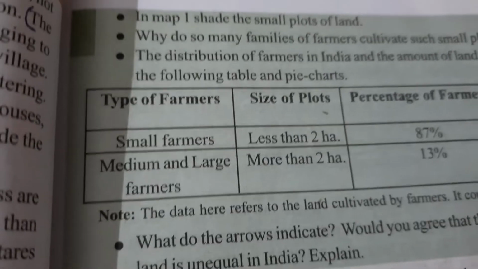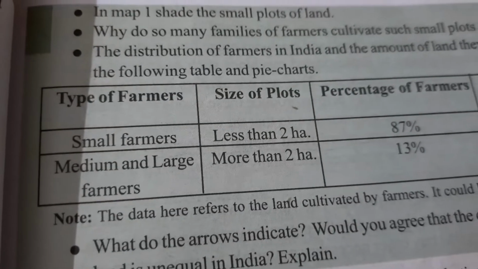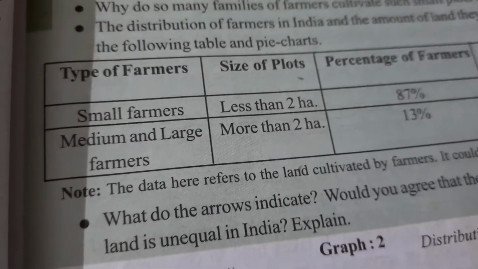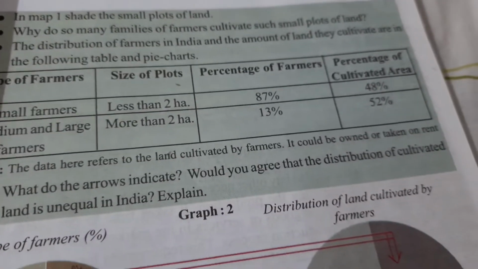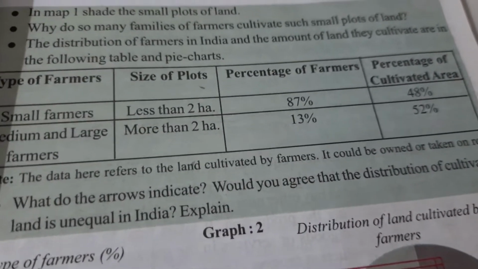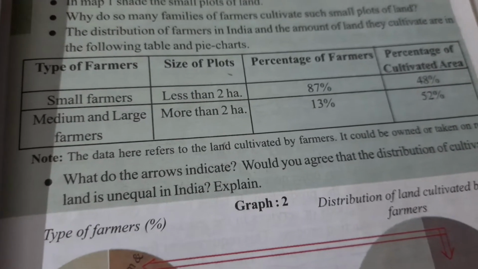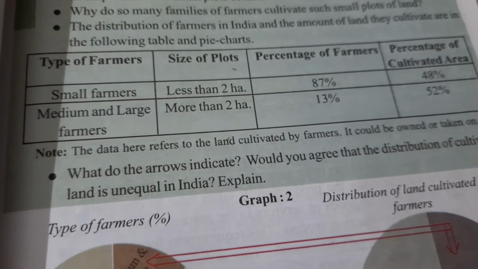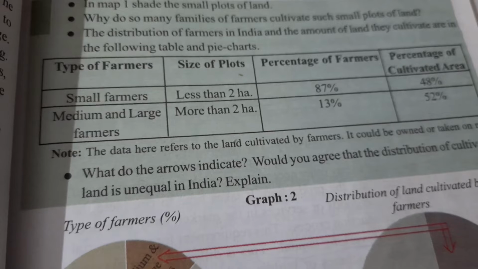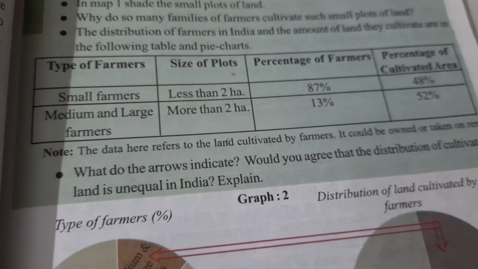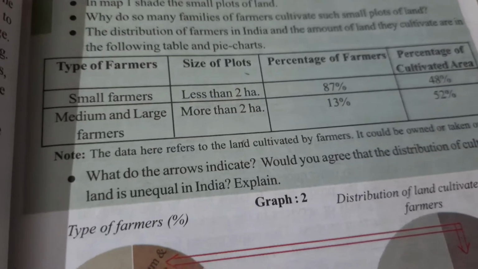Here on page number 119, a table is given. Types of farmers, size of plot, percentage of farmers, percentage of cultivated area. When we study the table, we can understand that small farmers in the villages have less than 2 hectares of land, and the medium and large farmers possess more than 2 hectares of land.